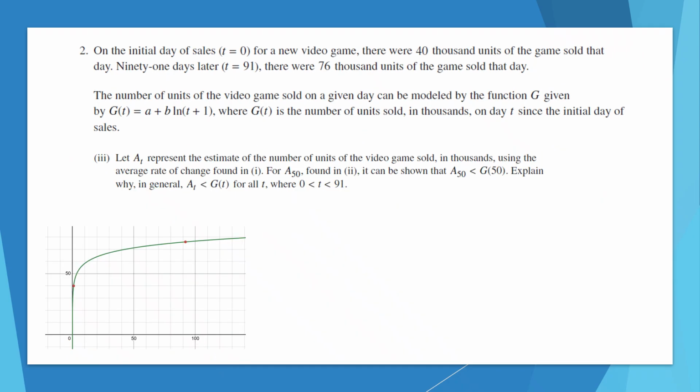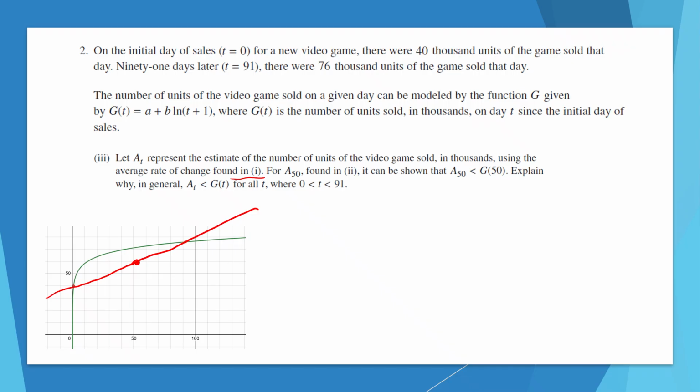All right. B3 here. Let A of t represent the estimate of the number of units of video games sold in thousands using the average rates of change found in I. So this was basically finding the slope between those 2 points and using that to predict at 50.